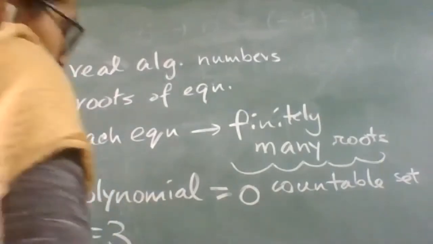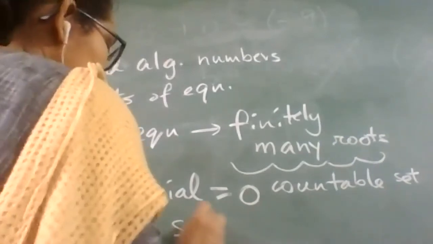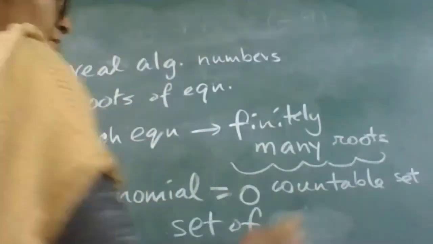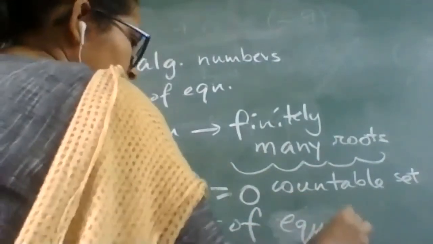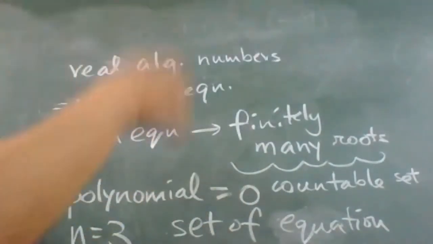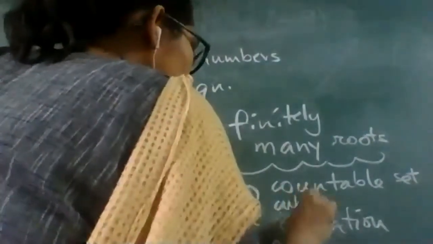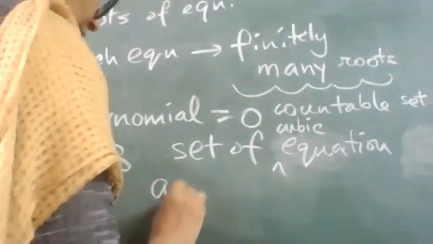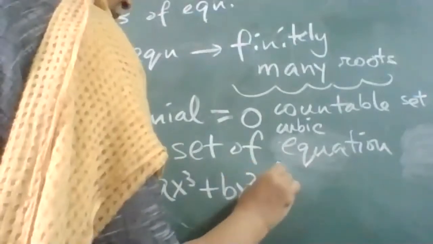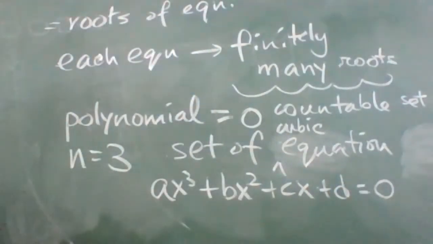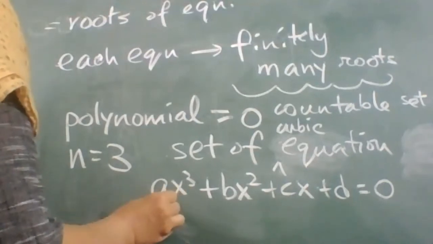Then you have a set of cubic equations, which look like ax³ + bx² + cx + d = 0.